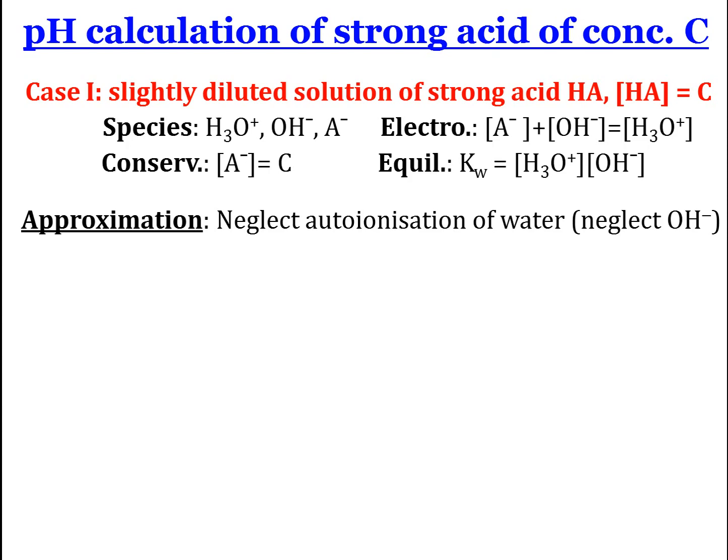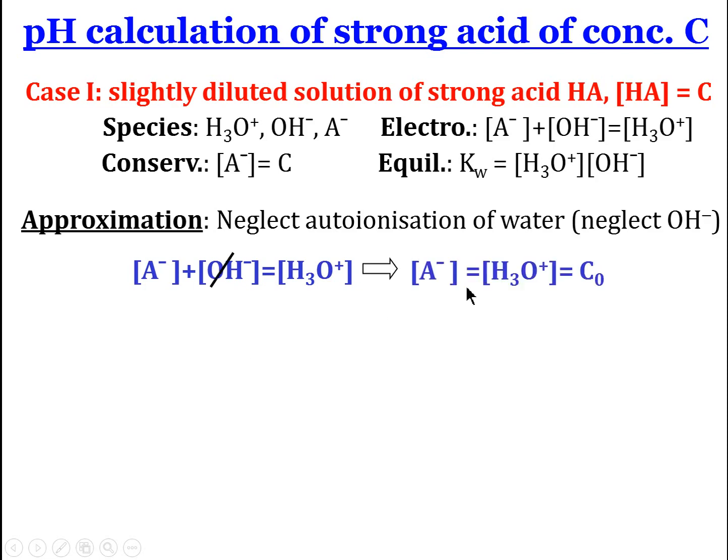In other words, we neglect the auto-ionization of water. In this case, we have A minus plus OH minus equal to H3O+, and OH minus is negligible because we neglect the auto-ionization of water. So A minus equals H3O+ equals the initial concentration C0 or C.